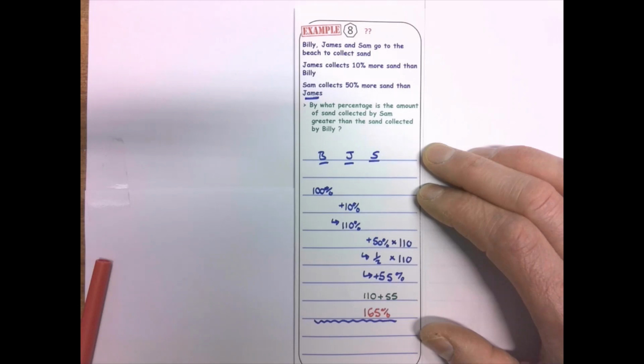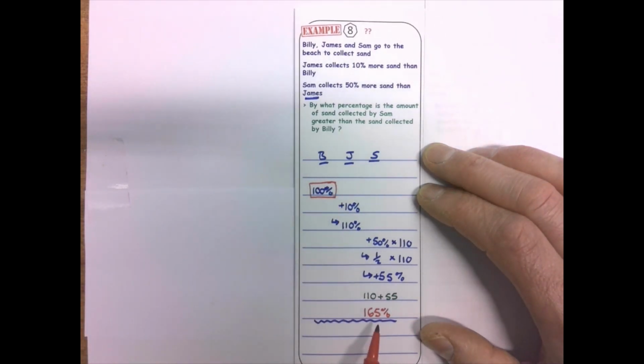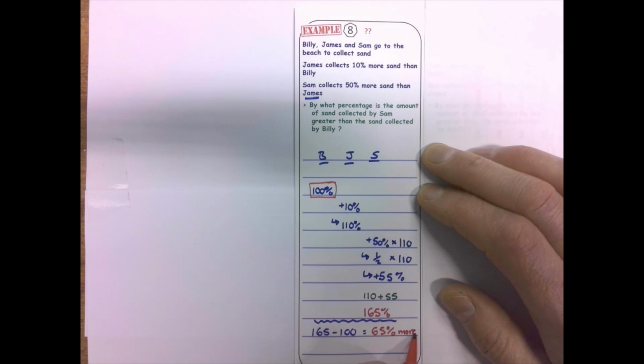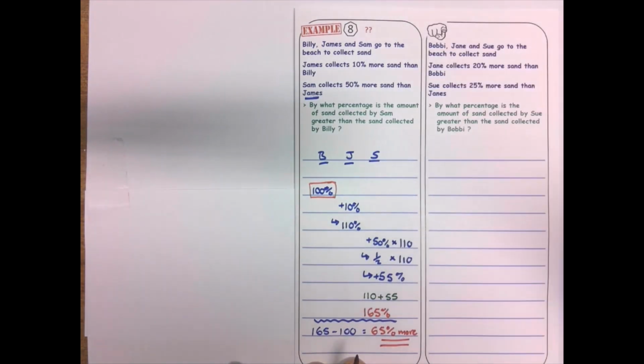All right, so what we're saying is Billy's got 100% of sand, Sam's got 165% of the sand, so 165 take away 100 is equal to 65% more. Okay, hope that makes sense. So I've done one, you do one. Pause the video, have a go.